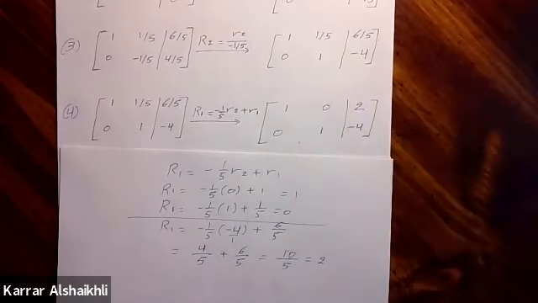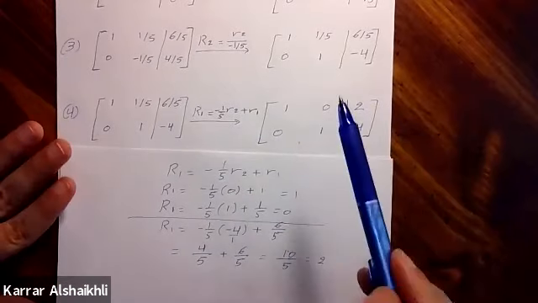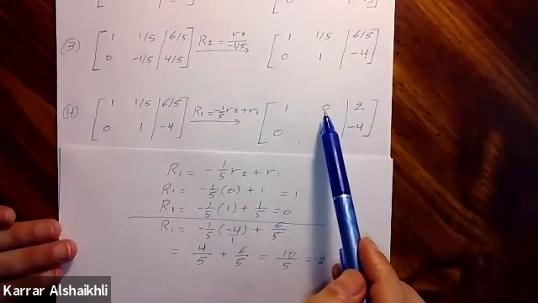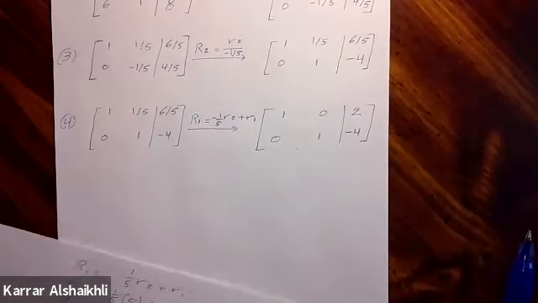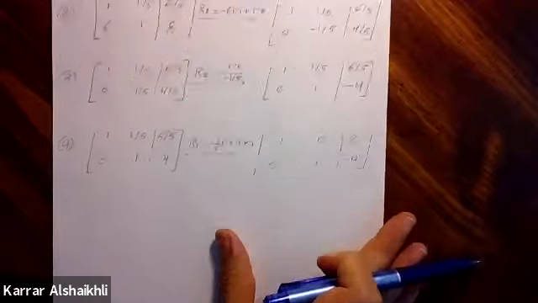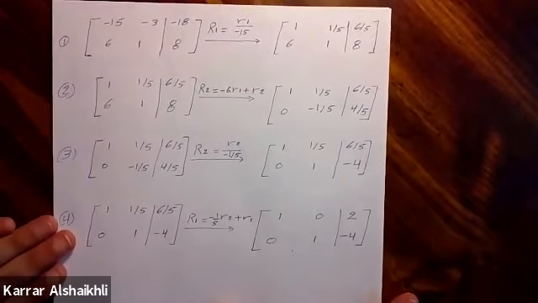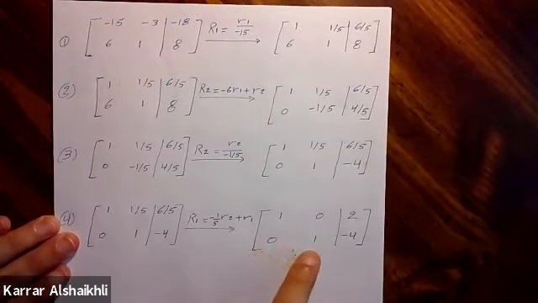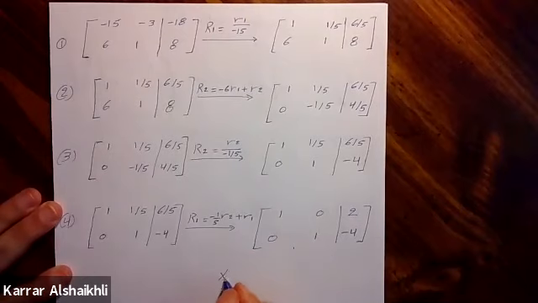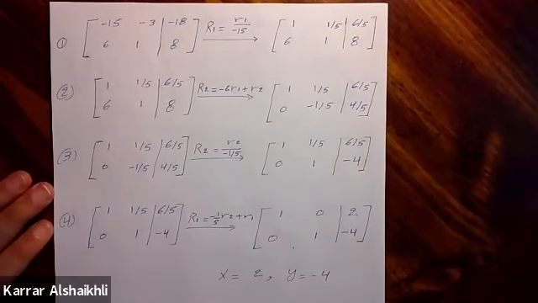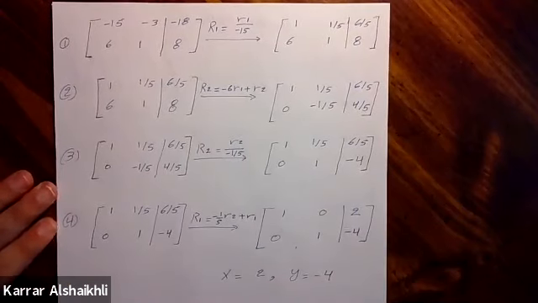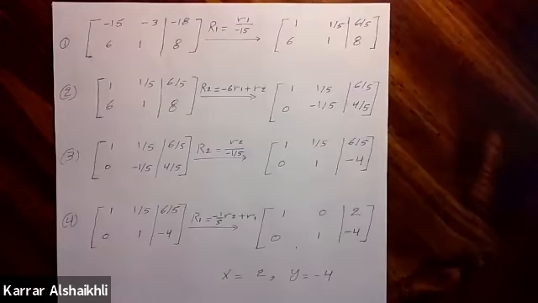You see, the fourth step is working on this number to convert it to 0. Now, I got to my goal, which is 1, 0, 0, 1. That means the solution is x equal to, and y equal negative 4. So this is the solution for this matrix.